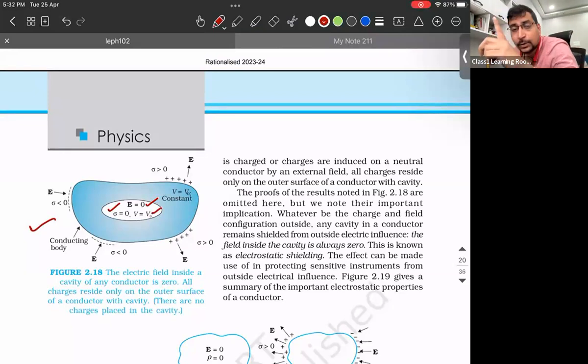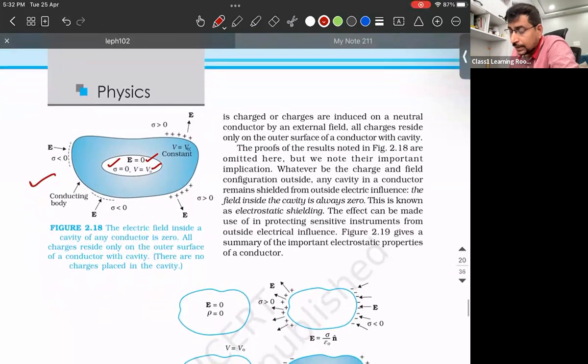As a result, this kind of phenomenon where the cavity is protecting us from the outside electric field is what is called electrostatic shielding. So this is given here: whatever be the charge and field configuration outside, any cavity in a conductor remains shielded from outside electric influence. The field inside the cavity is always zero.